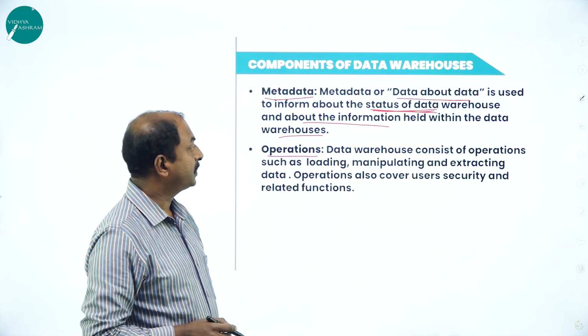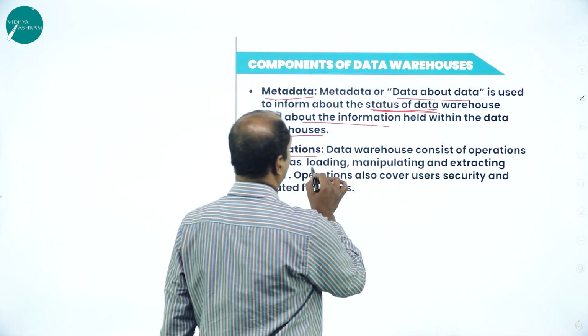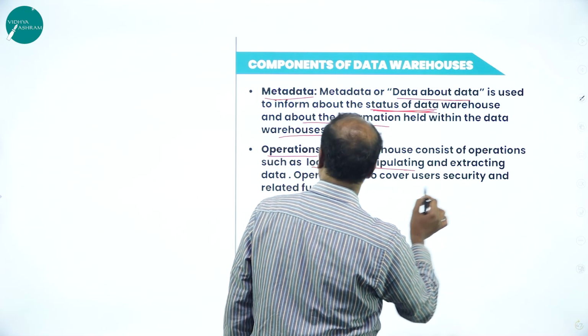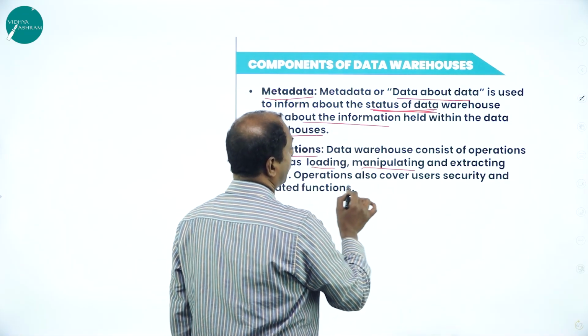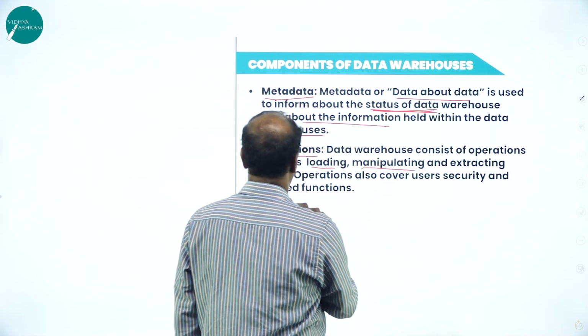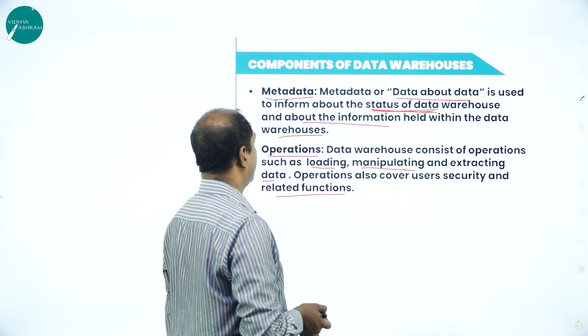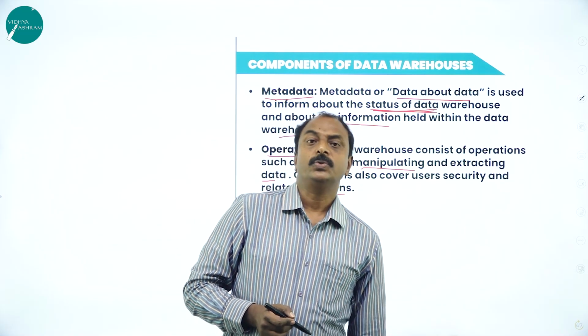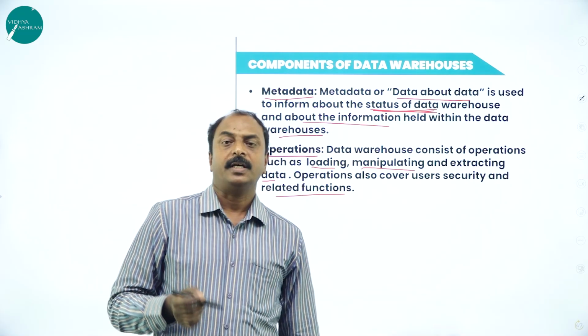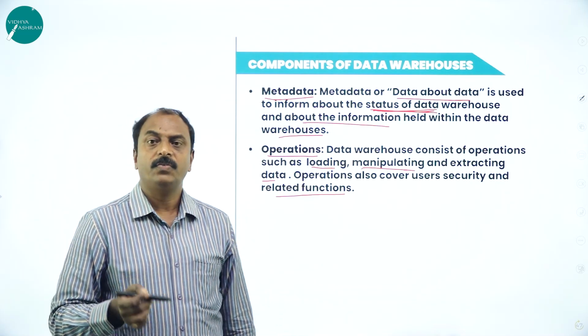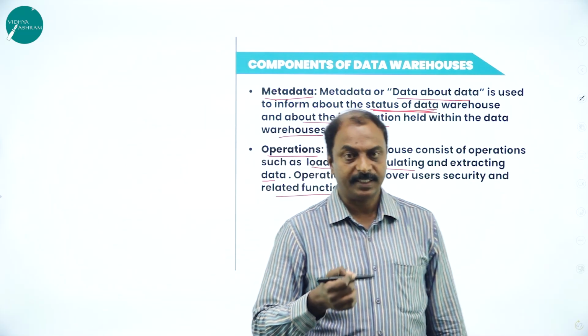Data warehouse consists of operations such as loading, manipulating and extracting data. Operations also cover user security and related functions. So the usage of the database is that the data has to be used by different users of any organization.